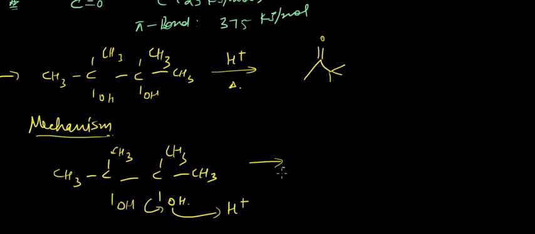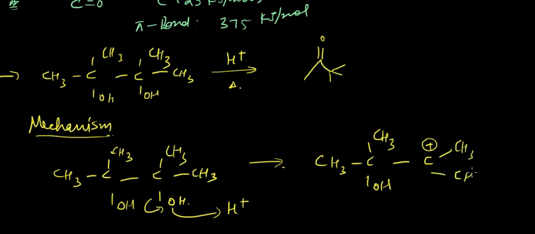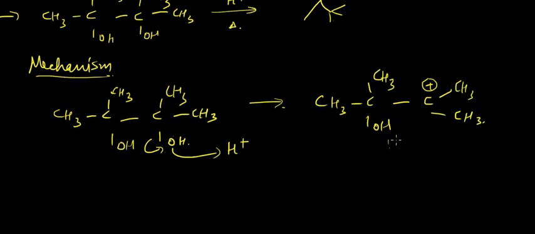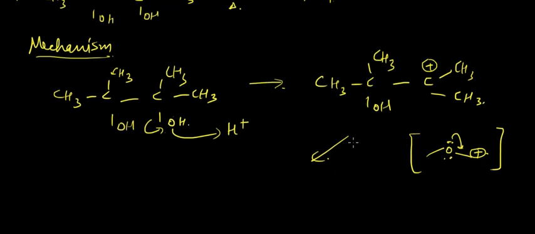So I'm directly showing the second step with the carbocation formation on this carbon. Okay, now what happens is we already know that an oxocarbenium cation is very stable. What I mean by that is a positive charge neighboring a lone pair of an oxygen atom. Okay, so the positive charge will try to rearrange itself so that this carbon actually has a positive charge for the formation of the oxocarbenium cation.